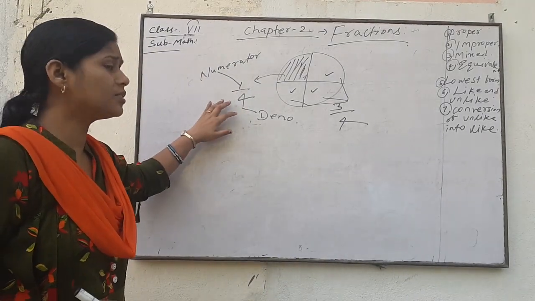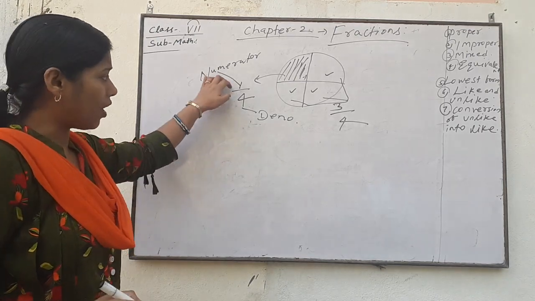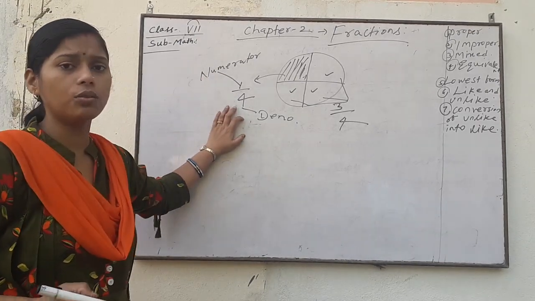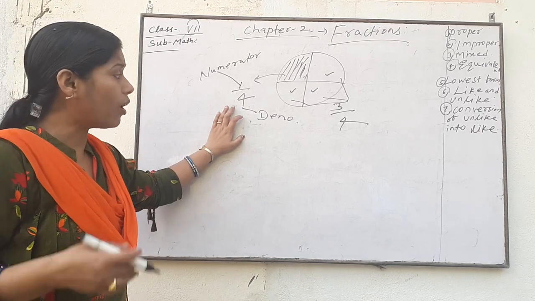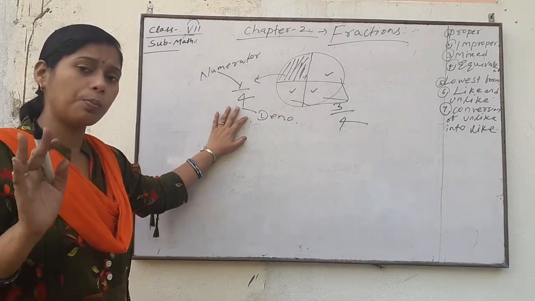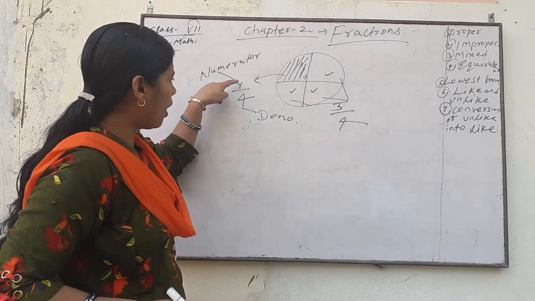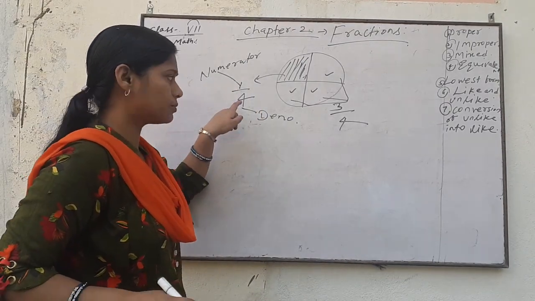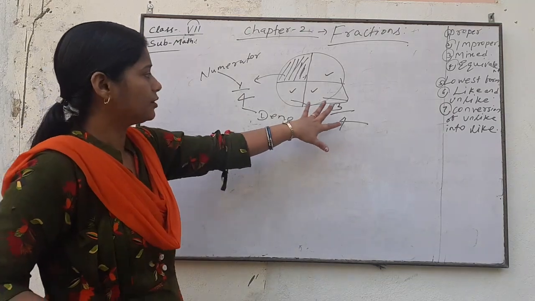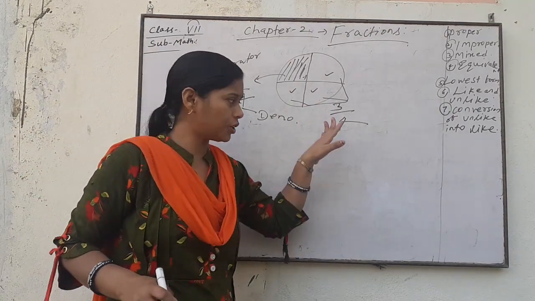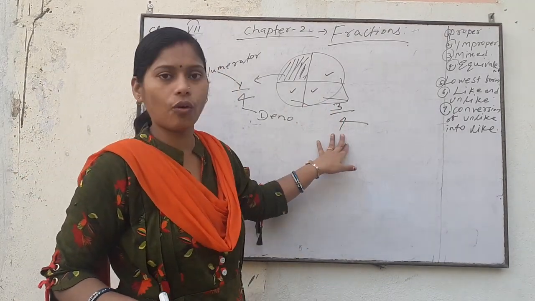So what is 1 by 4? 1 by 4 means your 1/4. 1/4 means your 1 part out of 4 parts. In the same way, 3 by 4 means your 3 parts out of 4 parts.